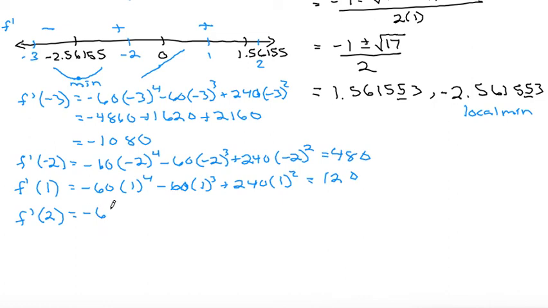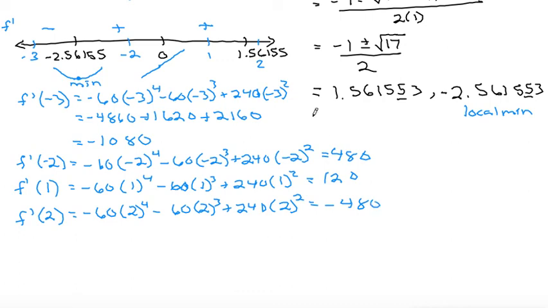And if I plug that in, I get negative 60 times 2 to the power of 4 minus 60 times 2 to the power of 3 plus 240 times 2 to the power of 2. I'm plugging that into my calculator. I get that to be negative 480.